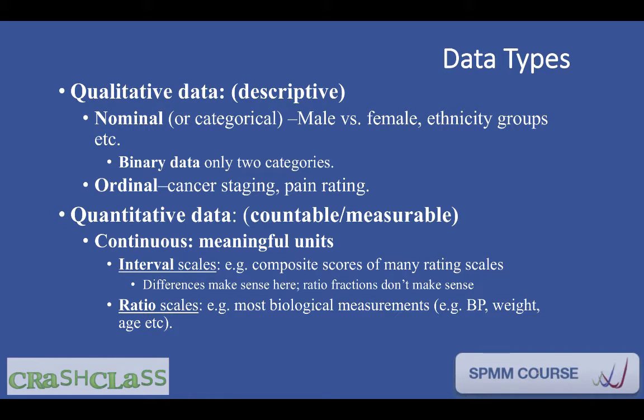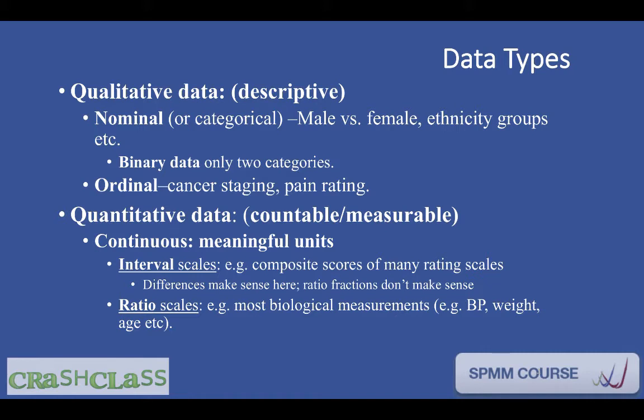What is nominal? The term nominal tells you what it is. Nominal means only naming is possible. You can name it, but you cannot really measure it or attach a value to it or say one is higher than the other. Nominal data usually could be binary data or multiple categorical data.